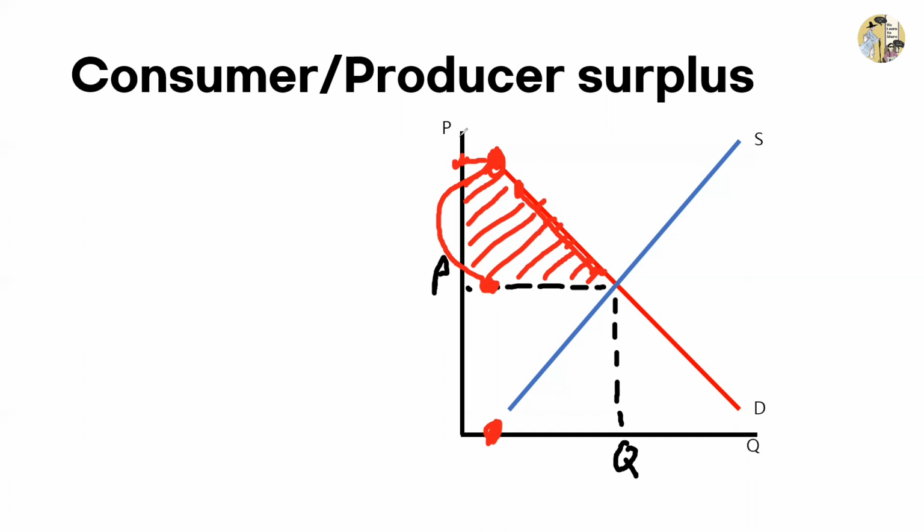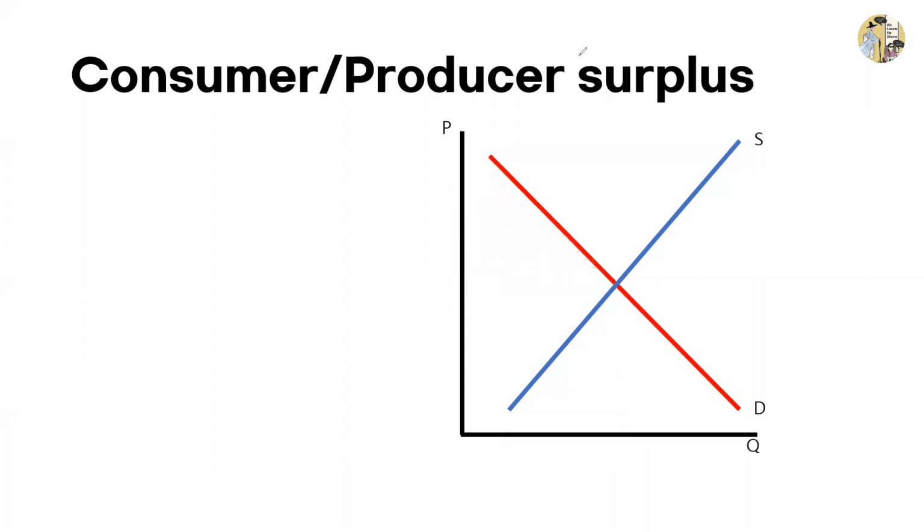And that is why the indicated region is the consumer surplus. This is basically how much people are willing to pay minus the actual price. I hope that you've understood it.